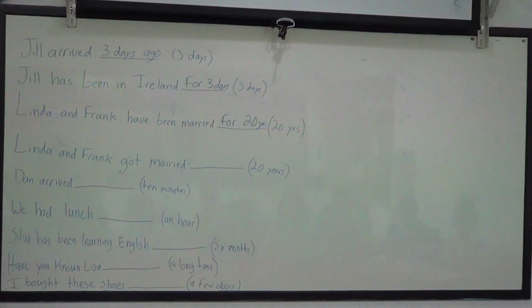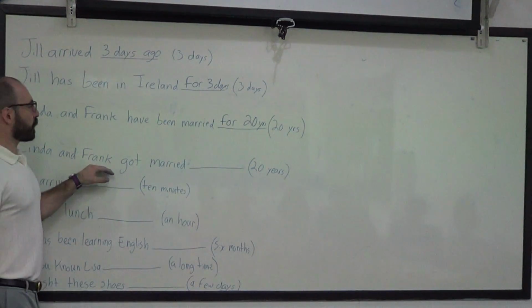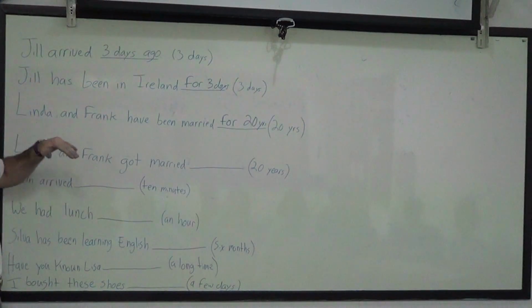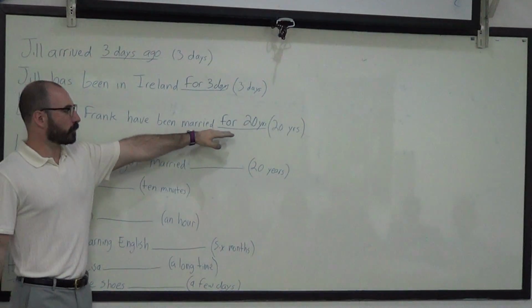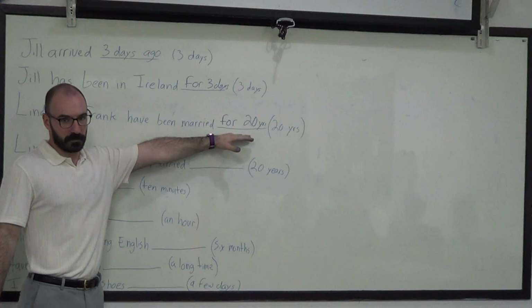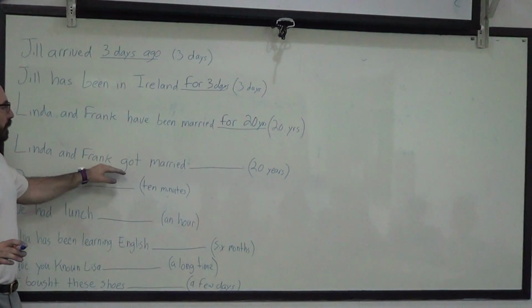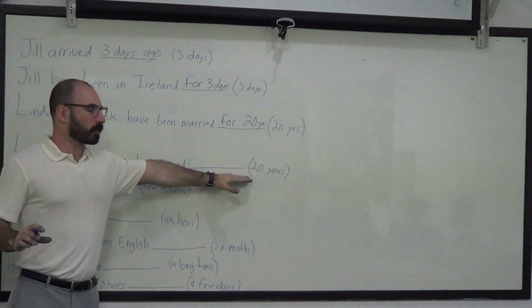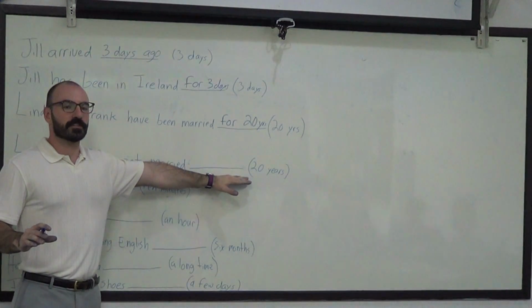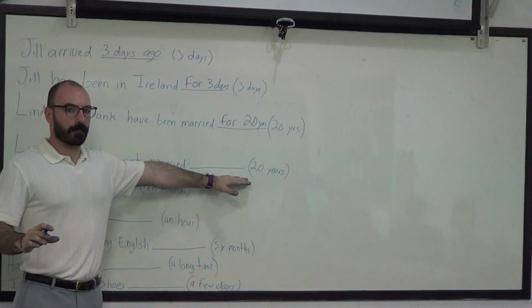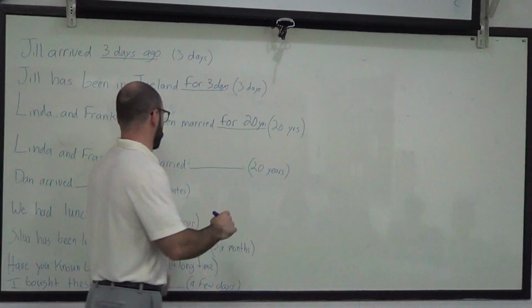So if Linda and Frank have been married for 20 years, that means that Linda and Frank got married 20 years ago.